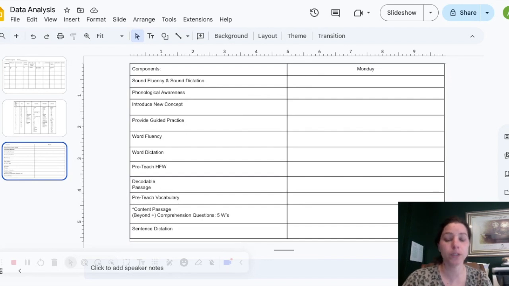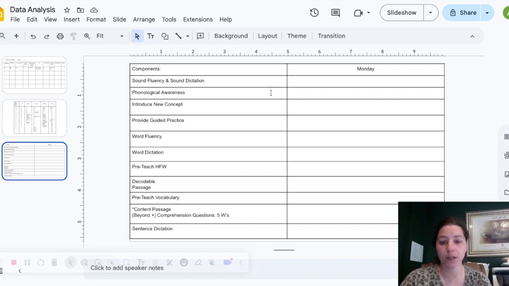This section is really, really important because this is going to help your students really master those previously learned skills. And you really want to make sure you're not skipping out on the review portion of the lessons.